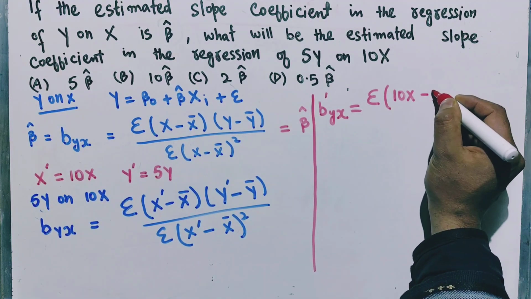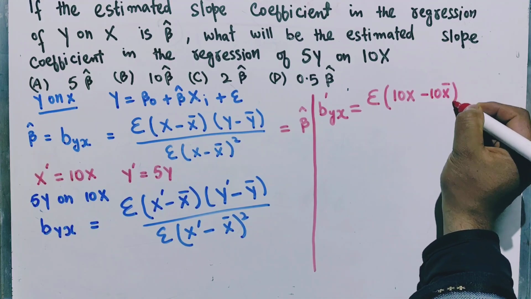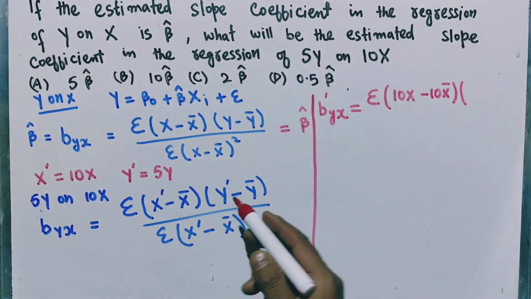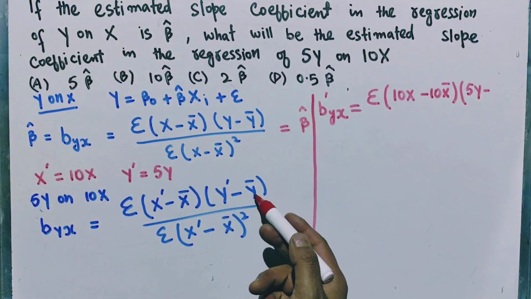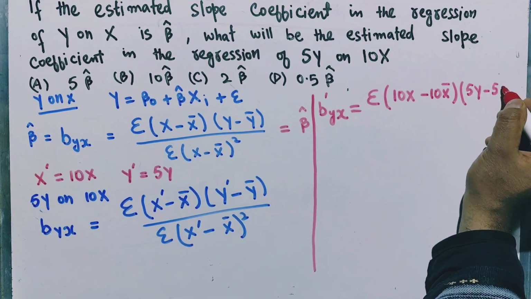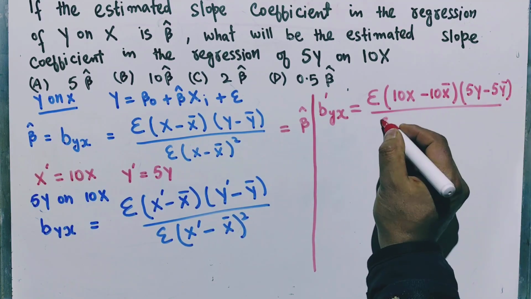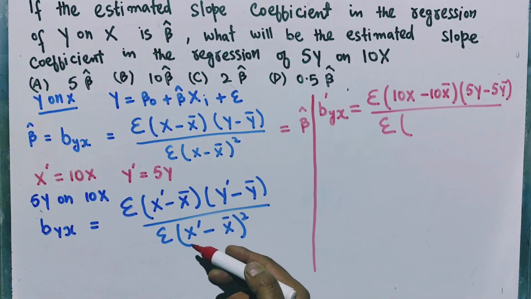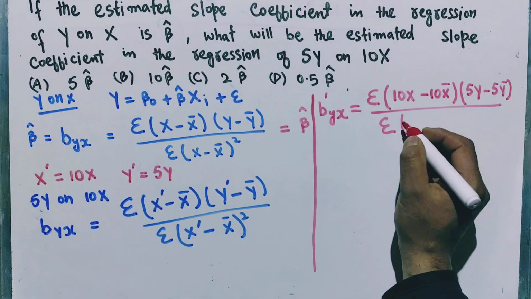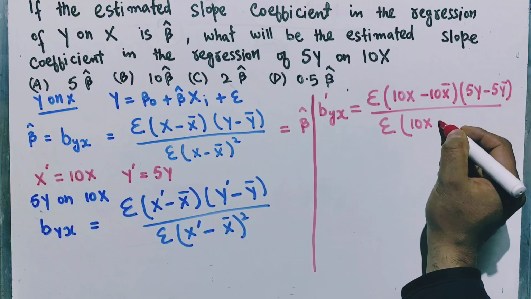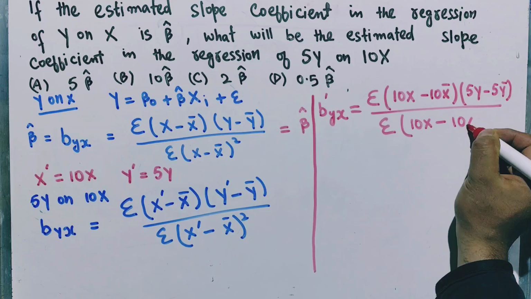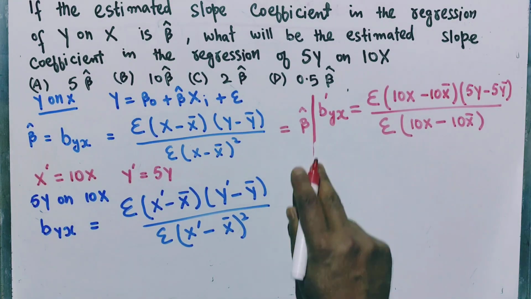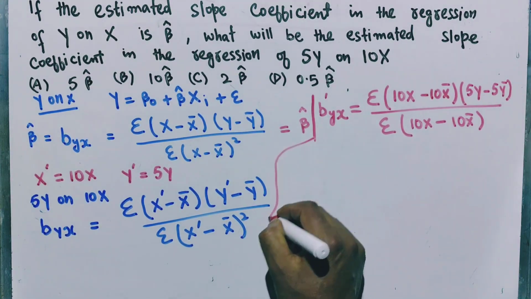That means we have 10x minus 10 x bar, times y prime which is 5y minus y bar, which will be 5 y bar, divided by the summation of x prime, again 10x, minus the mean, which has changed to 10 x bar.